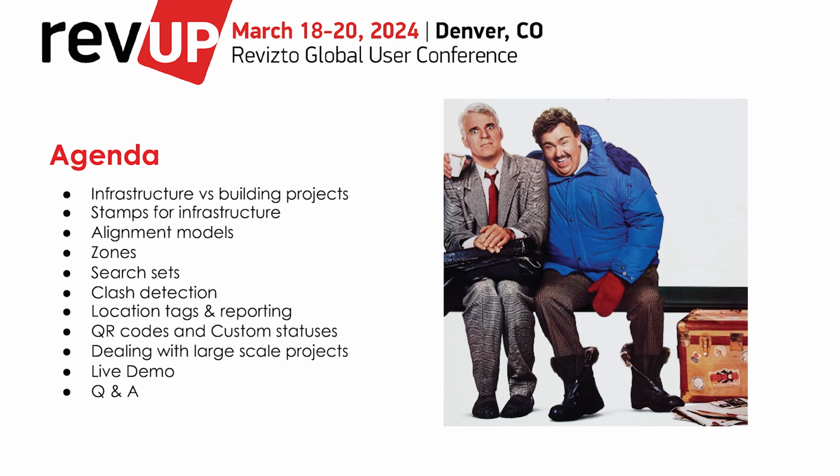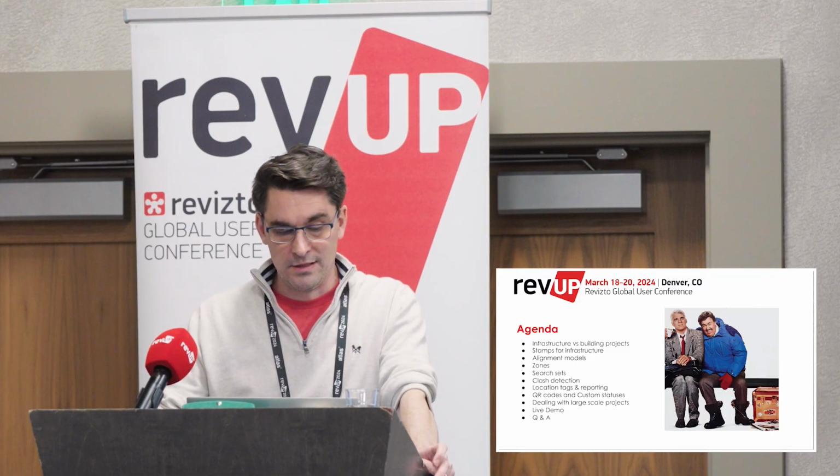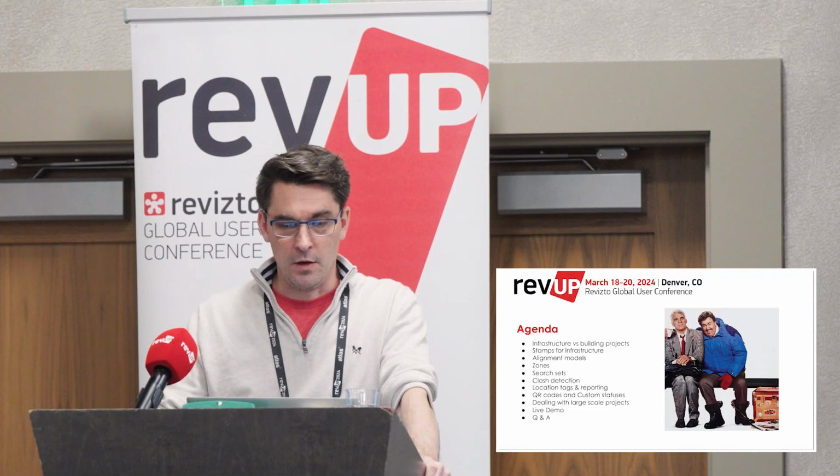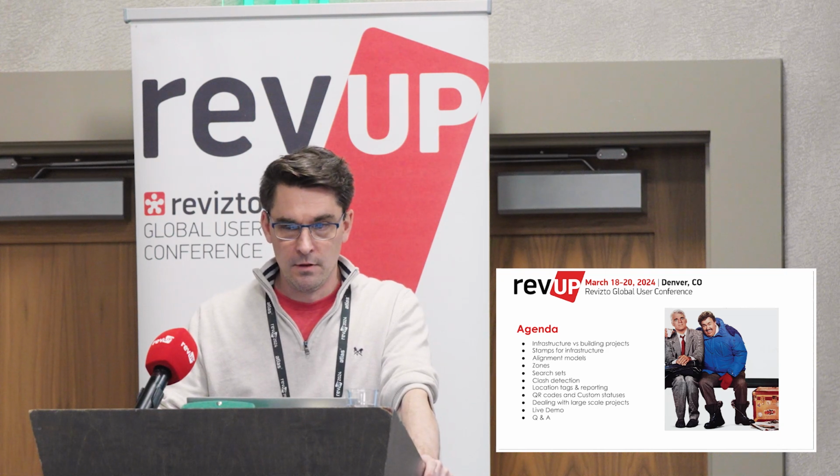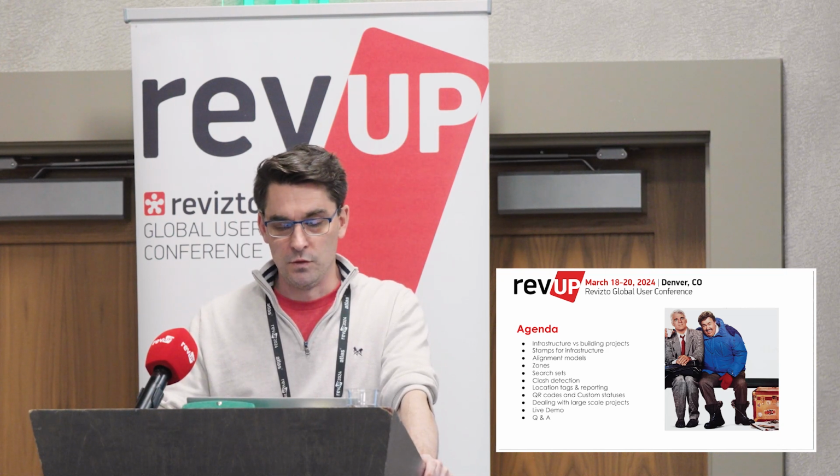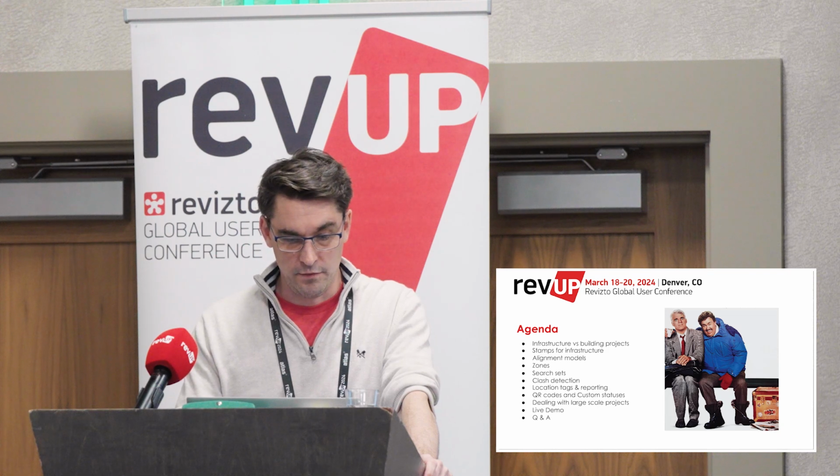So we call it chainage, but alignment models, I think, is fairly self-explanatory. We're going to look at zones as well, search sets, clash detection, location tags and reporting. So location tags are basically the intelligent location information that you can use for various things inside of Revizto.